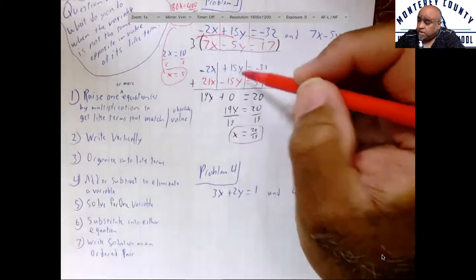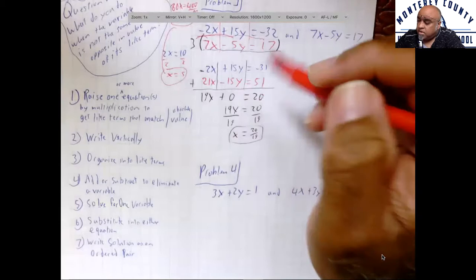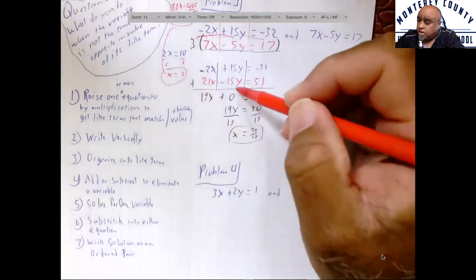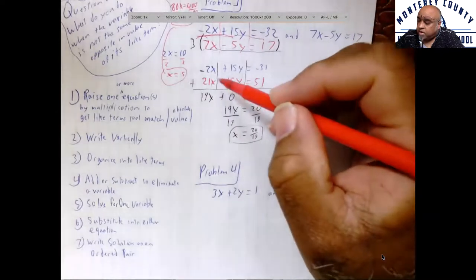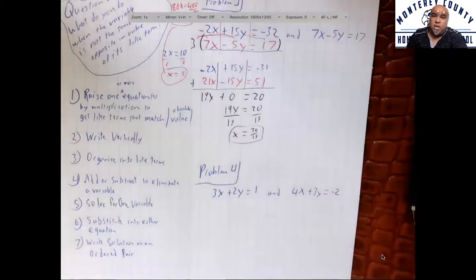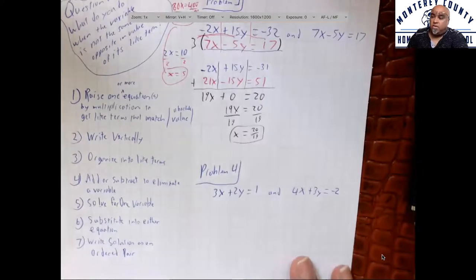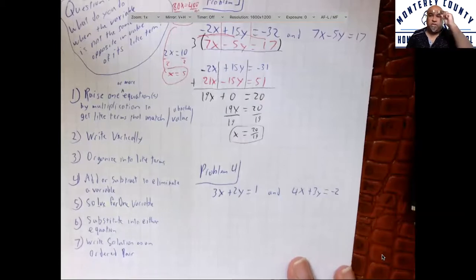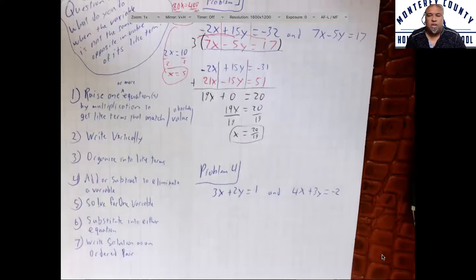Since it was negative, I have negative 15 down here. Since I have negative 15, I chose to add them in order to eliminate. If that was positive 15, I would choose to subtract the terms to eliminate. Okay? So that's why I wrote absolute value, because it can be either negative or positive. It's going to be one or the other, but the point is so that you can decide whether you add or subtract at the end.